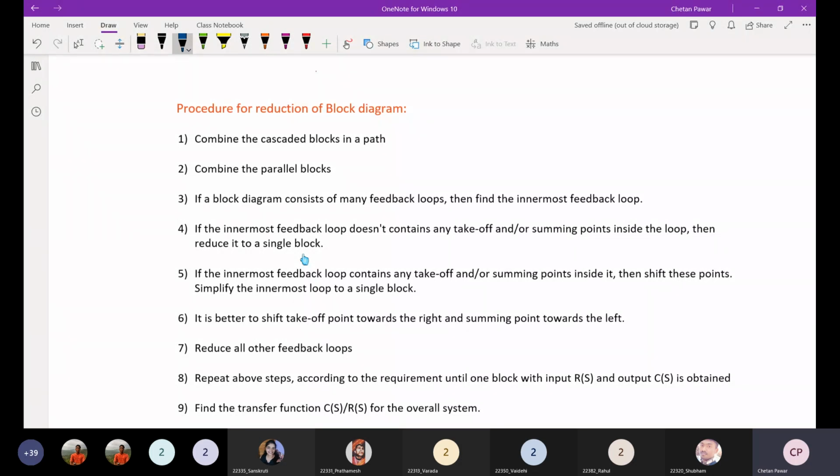We have seen in the system there is a forward path and there is a feedback path. I'm just seeing this simple system. So this is a forward path and this is a feedback path.